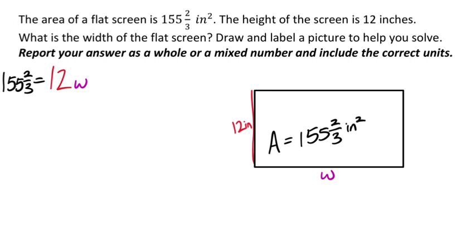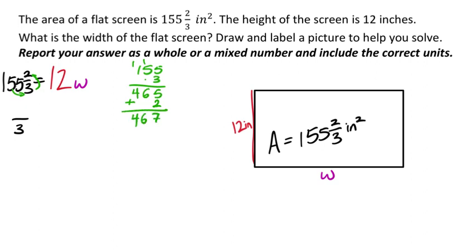But we are still dealing with fractions here, the mixed number. So I will change the mixed number into an improper fraction. That's not going to affect the denominator, still thirds. I'll do the work over here. 155, I multiply by 3, because I'm using the cycle method, so multiply by the denominator first. 155 times 3: 5 times 3 is 15, carry the 1. 3 times 5 is 15, add the 1 makes 16, carry the 1. 3 times 1 is 3, add the 1 makes 4. 465, and then add the numerator, 2. 5 plus 2 is 7.